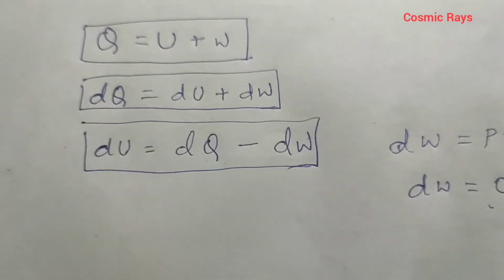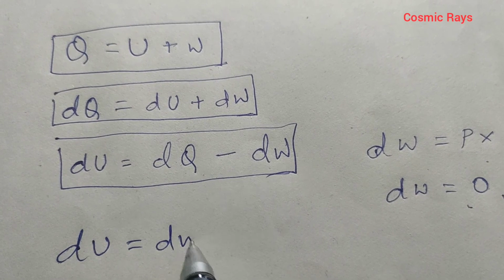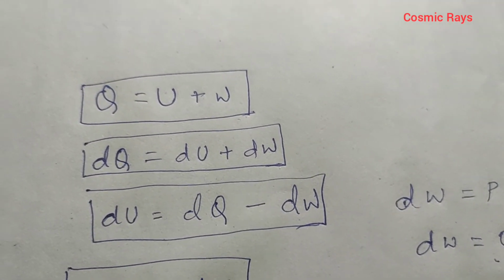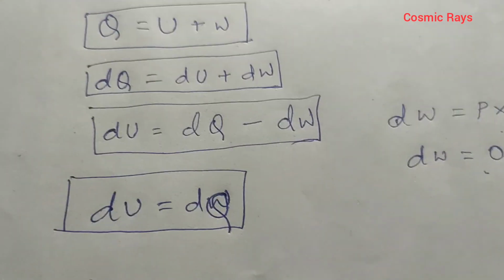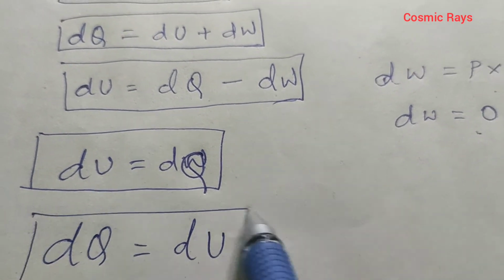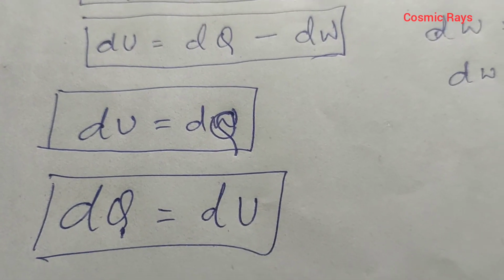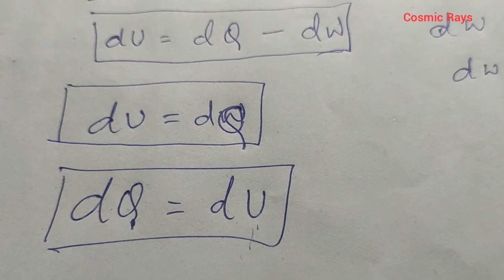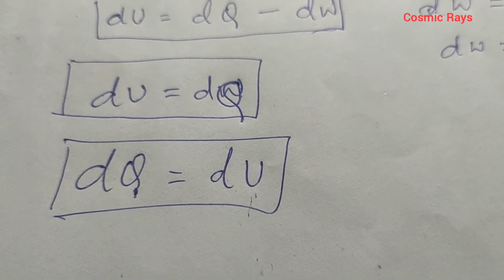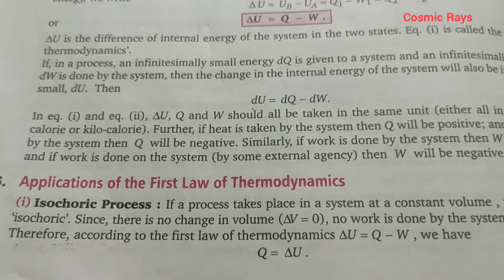Substituting this in the first law of thermodynamics, we get dU is equal to dQ, or we can also write it as dQ is equal to dU. That means whatever heat was supplied to the system will be used to increase the internal energy only, when the volume is kept constant. That is for an isochoric process.